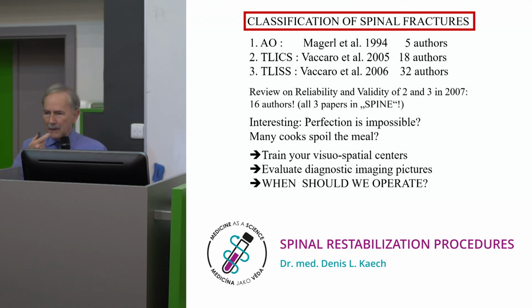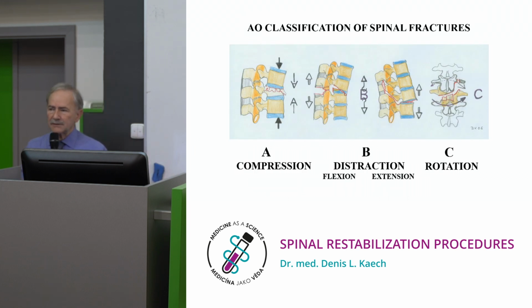Classification may be useful to be able to go according to some protocols, but you must evaluate your patient individually, and the surgical decision is always focused on the individual patient. So train your visual spatial centers, evaluate diagnostic imaging pictures, and the classification may help you to decide when to operate or which case to operate.